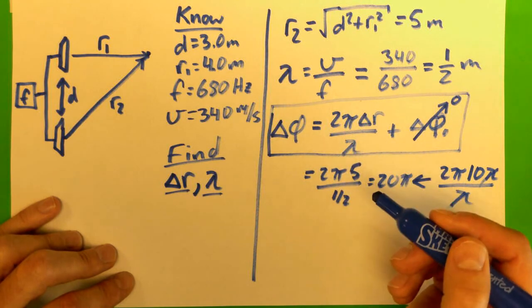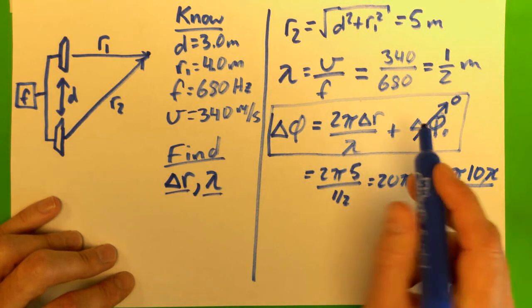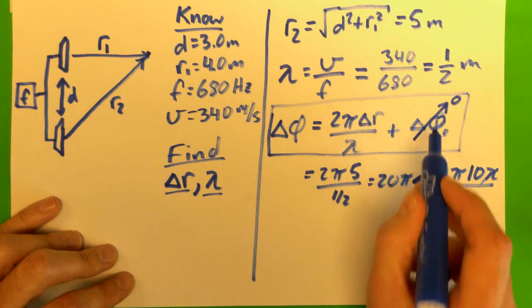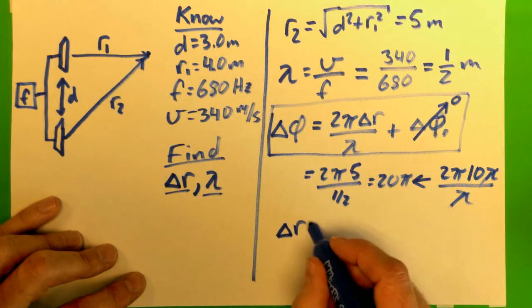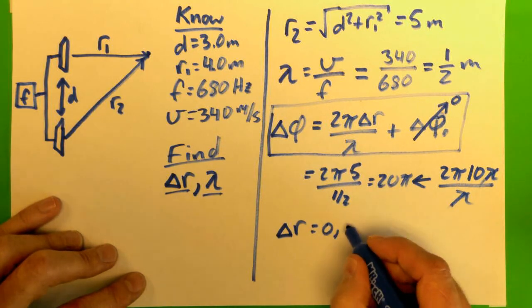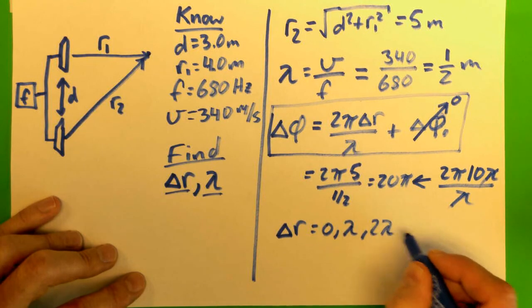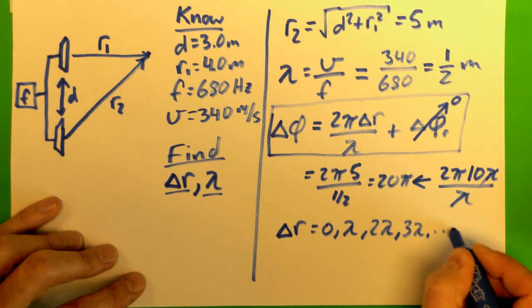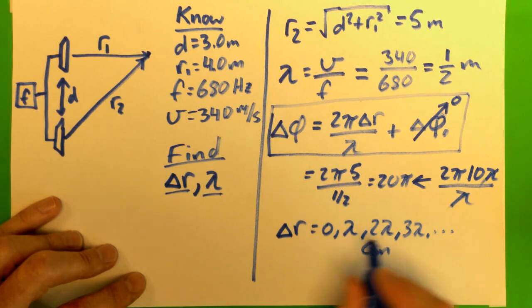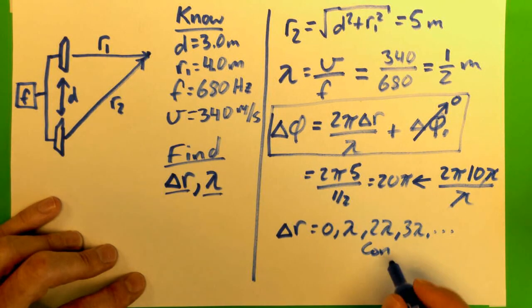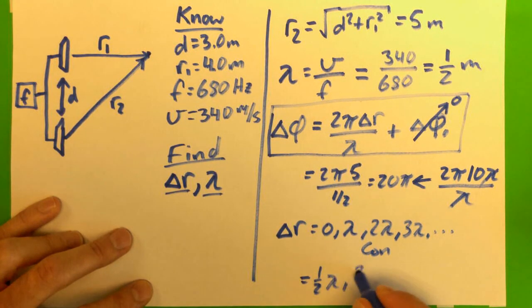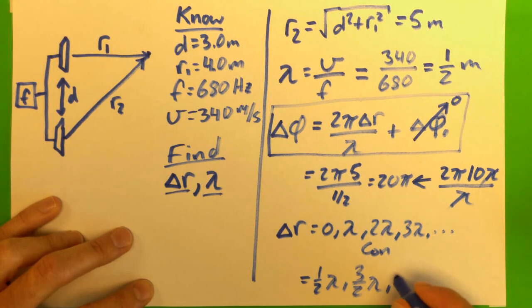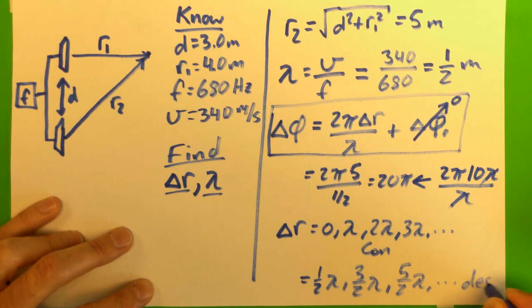And so I can change my conditions on constructive or destructive. We can just say that if delta R, the path difference, is equal to 0 or lambda or 2 lambda or 3 lambda and so on, then that will be constructive. That's basically saying it's a full cycle difference. But if it equals half lambda, 3 halves lambda, 5 halves lambda, and so on, then that is destructive.